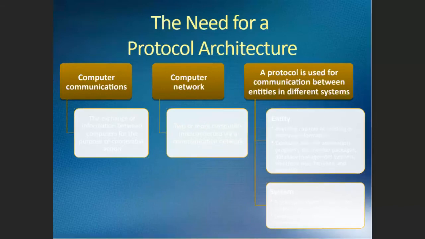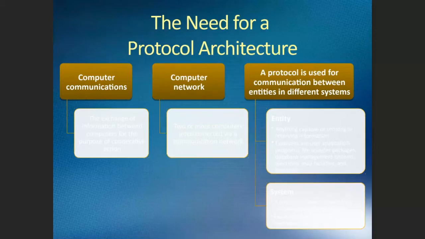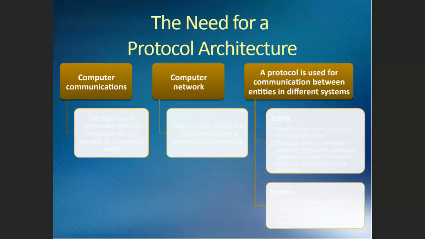A protocol is a set of rules governing the exchange of data between 2 entities. We have different elements in a protocol. We have the syntax. Syntax includes such things as data format and signal level.